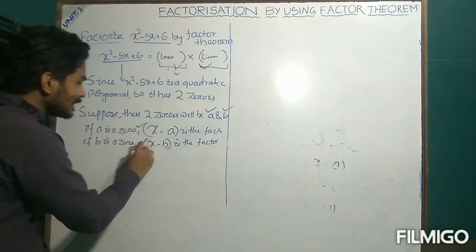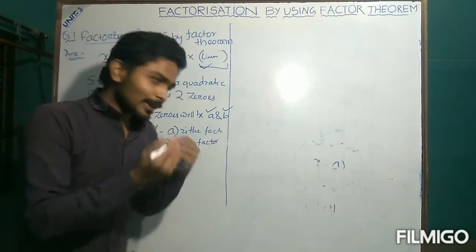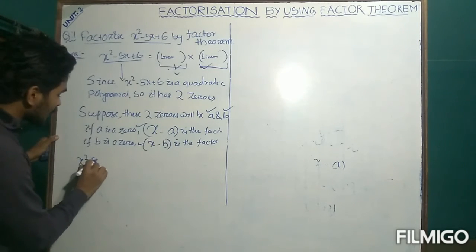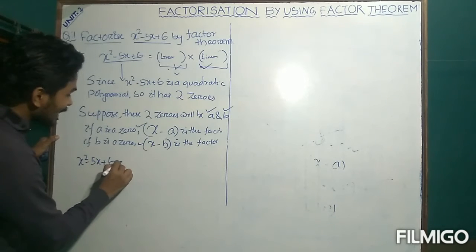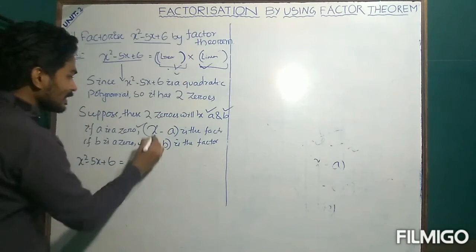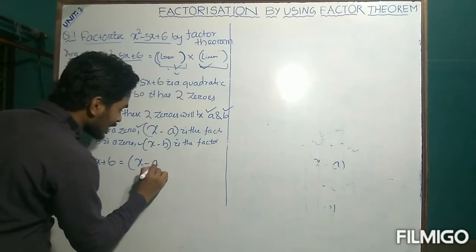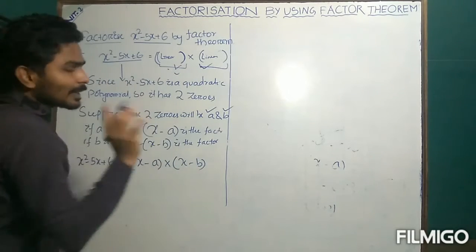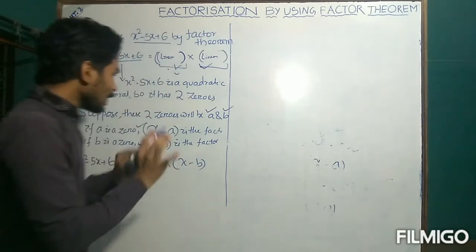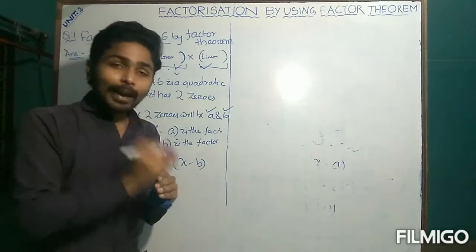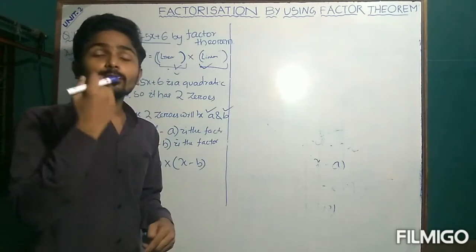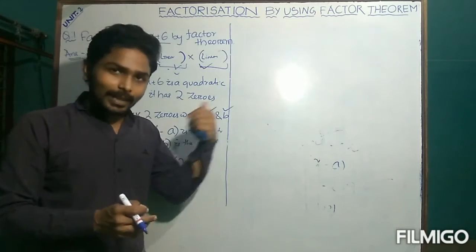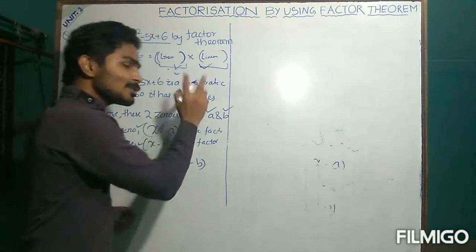Then here we can get the two factors. We can simply convert this quadratic polynomial x square minus 5x plus 6 is equal to the first factor, x minus a, into x minus b, the second factor. Are you getting my point? So first we need to find the two factors, and in order to find them, we need two zeros. Since it is a quadratic polynomial, it has two zeros.